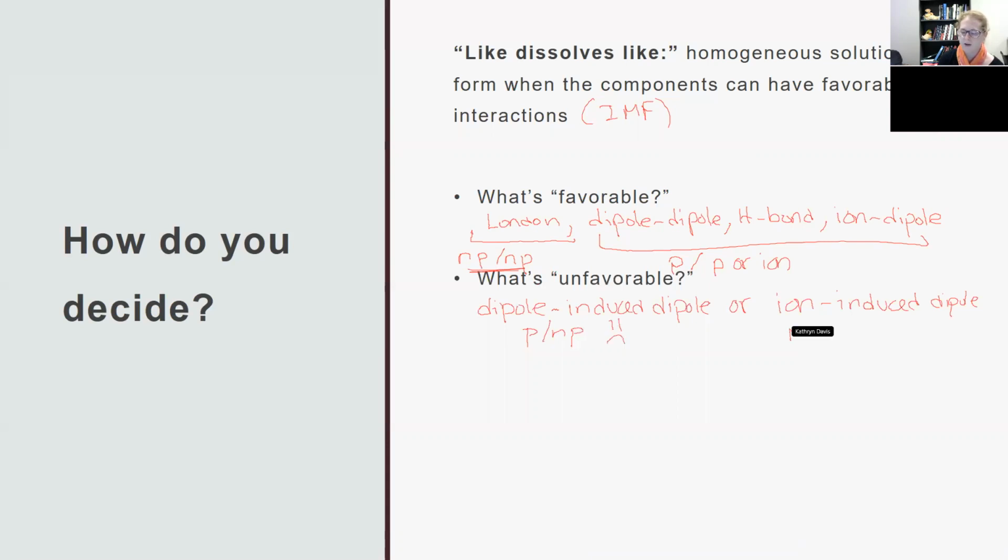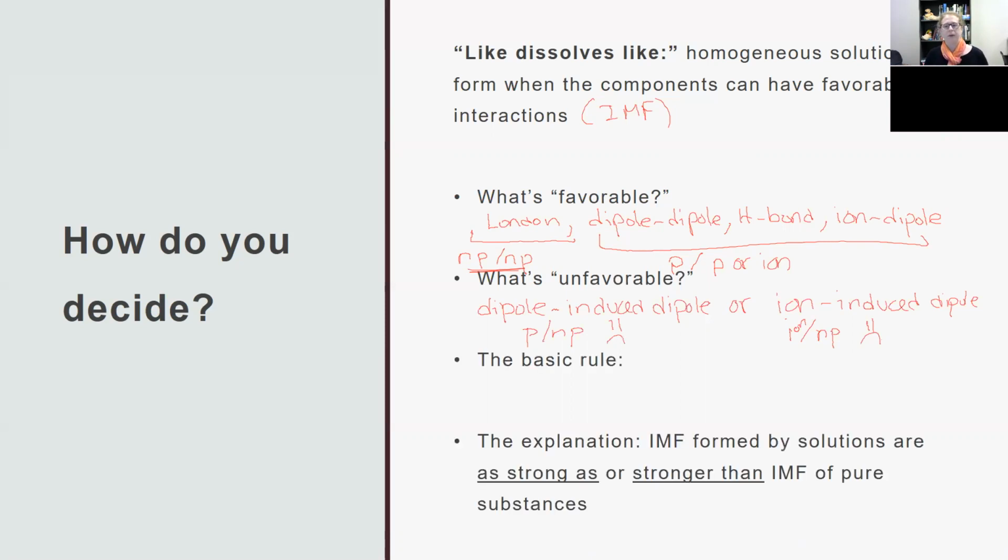You put an ion with a nonpolar thing, it doesn't like it. Nonpolar things like to stick with other nonpolar things. Polar things like to stick with ions. Like dissolves like. Right? The basic rule is that like compounds stick together. They mix or form solutions.